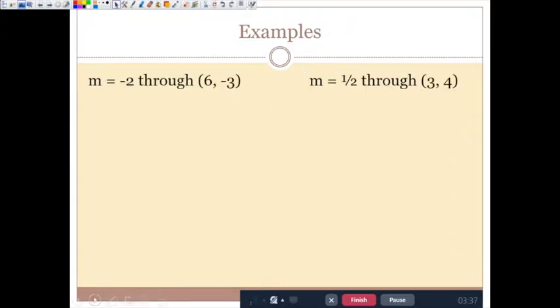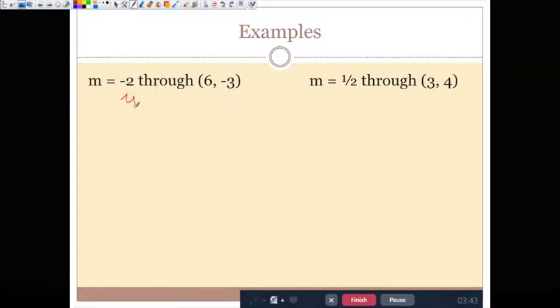So if they give you the m and a point, we are going to have to find the b. So we're going to take our equation y equals mx plus b. I'm going to substitute in my m and my point into my equation and solve for b. So y is going to be negative 3. M is going to be negative 2. X is going to be 6.